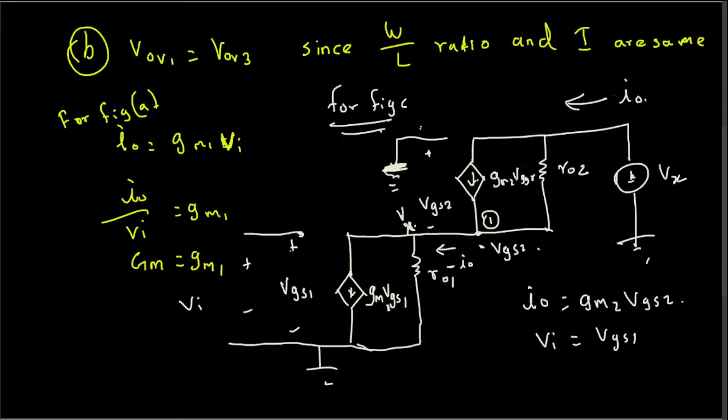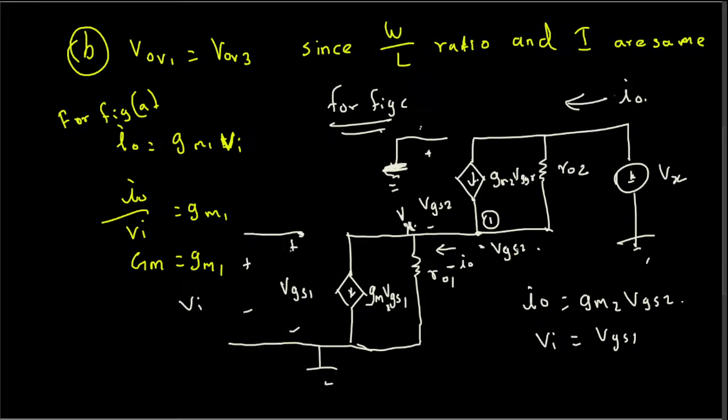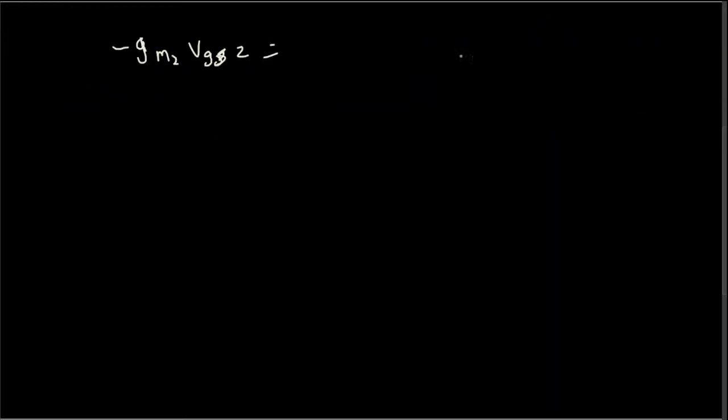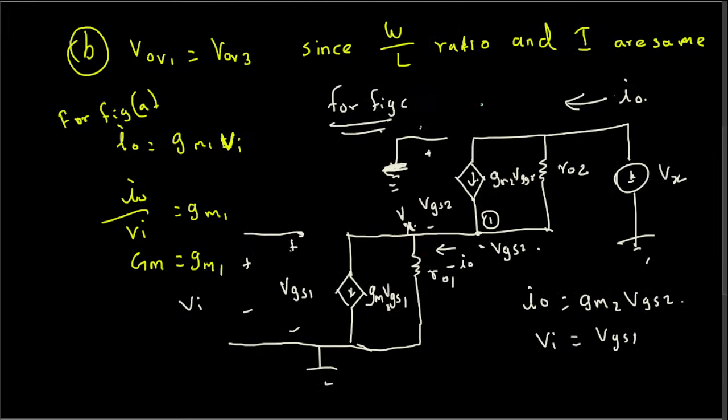So if I take the going in as negative, then this is going to be negative GM2 VGS2, then here we have negative VGS2 divided by the resistance RO2, plus negative VGS2 divided by RO1 also here.